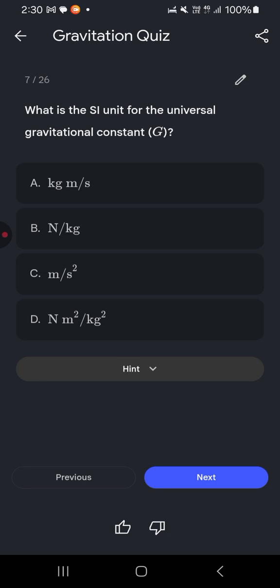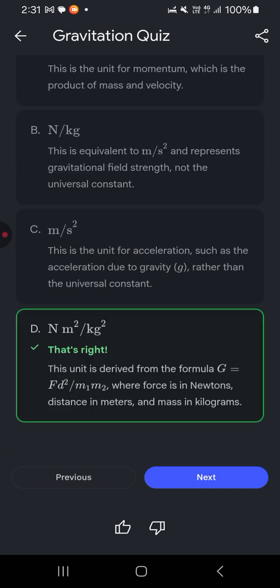What is the SI unit for the universal gravitational constant, that is capital G? The correct answer will be D, Newton meter square per kilogram square, where the force is in newtons, distance in meters, and mass in kilograms.